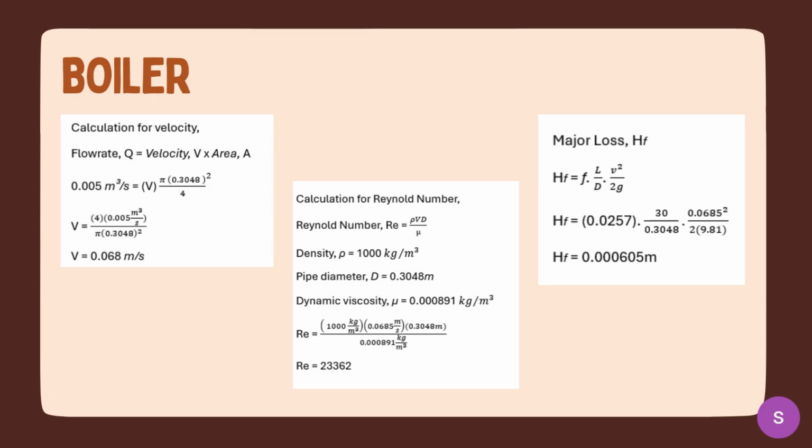And then, as we know, area is equal to pi d square over 4. And the diameter of pipe that we use is 0.3048. So we just need to substitute all of the value in the formula, and then we got the velocity is equal to 0.068 meter per second.